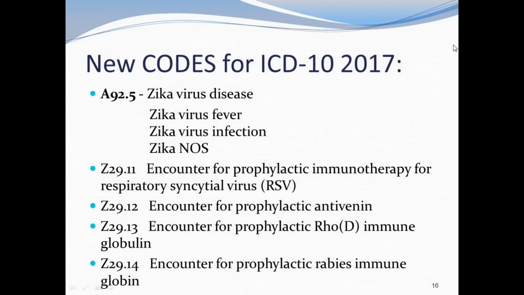Like the rabies vaccine is right here too, that's the Z29.14. So just remember that there are a few that are specific. On the others, we have been using just the Z23, but they got specific on these and wanted to put these in here, I guess.